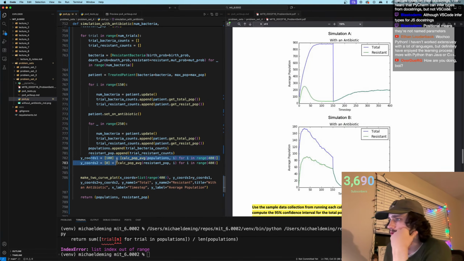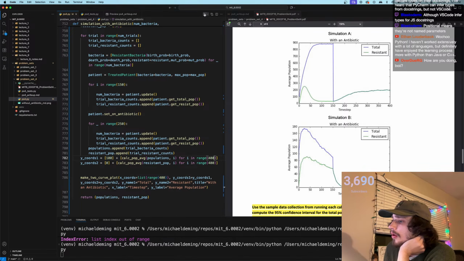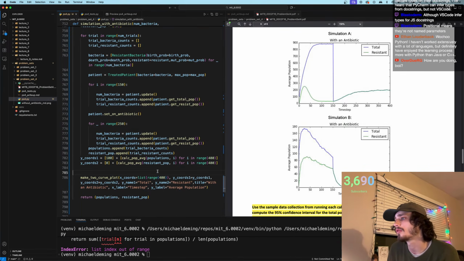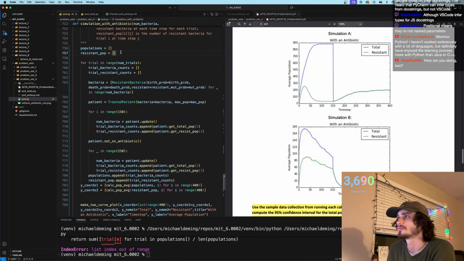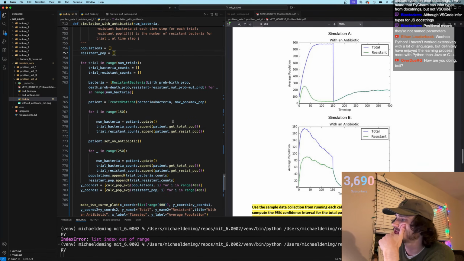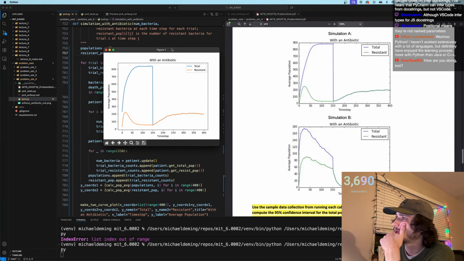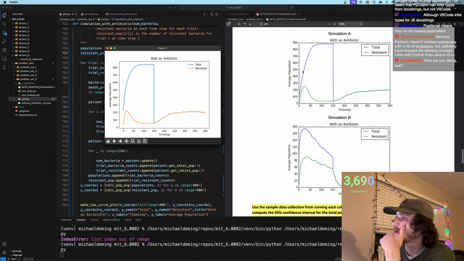Right, the y coords 1 would be 100, 399. Right, so this is what we're getting here, which is close. But we need this to go to the 100, not to whatever this is.